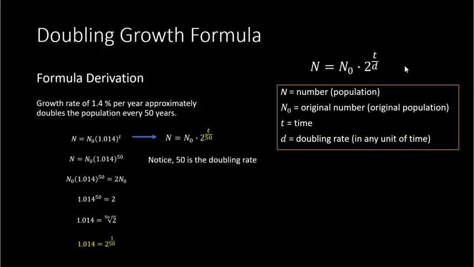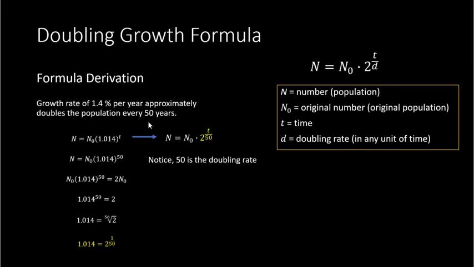The power is determined by how many times it's going to be doubling. For example, if it's doubling every 50 years and the time is 50, it's going to double 50 over 50, or 1 time. 2 to the first power, it's going to be multiplied by 2.